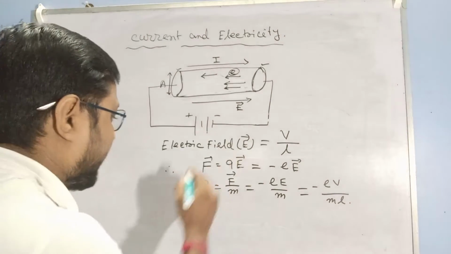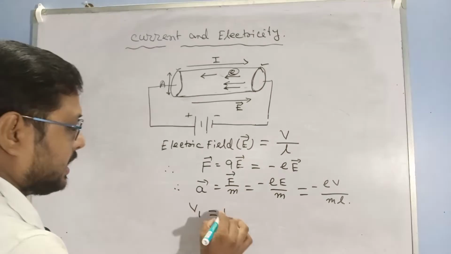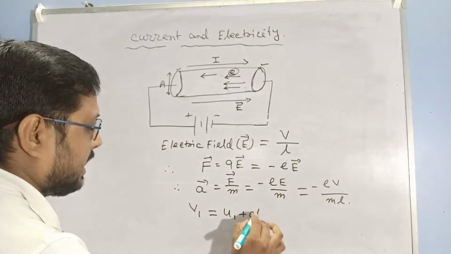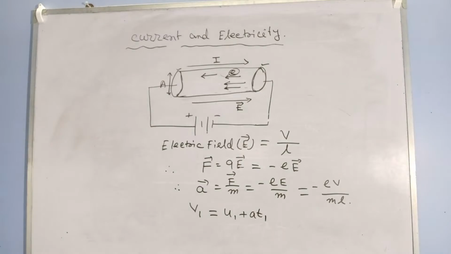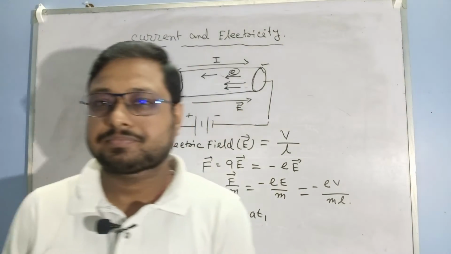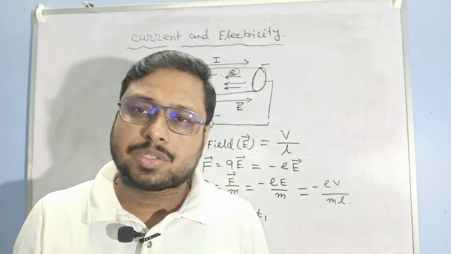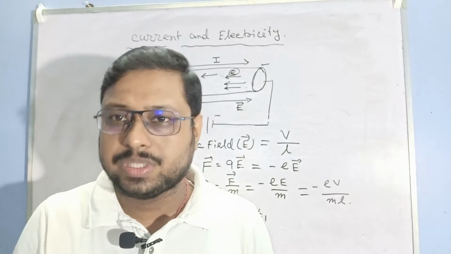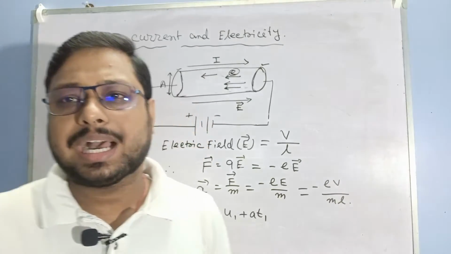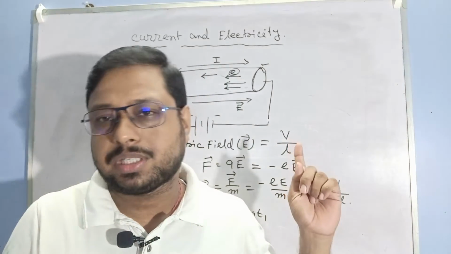Now, what is the final velocity of electrons? V1 for one electron is u1 plus a t1. t1 is the relaxation time. What is relaxation time? Inside the conductor, electrons collide with each other and also with the positive ions present in the conductor.